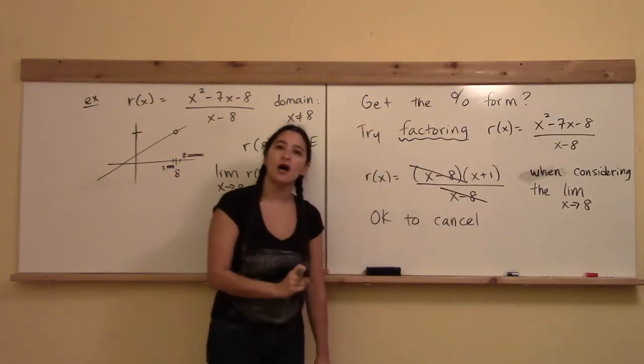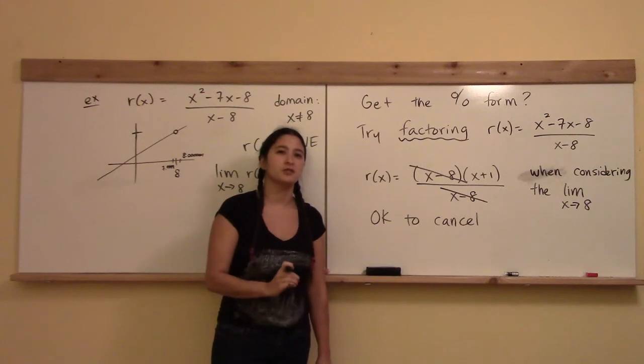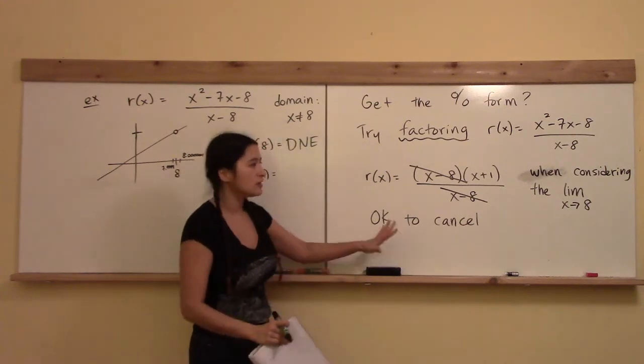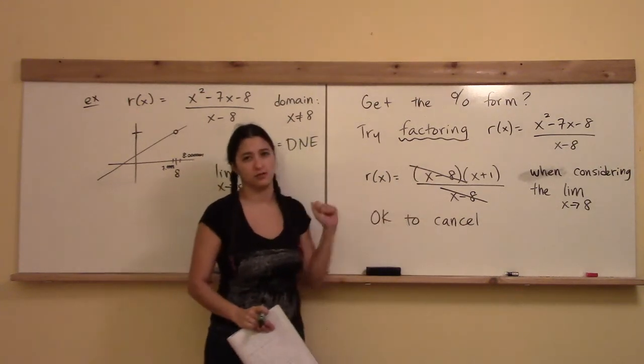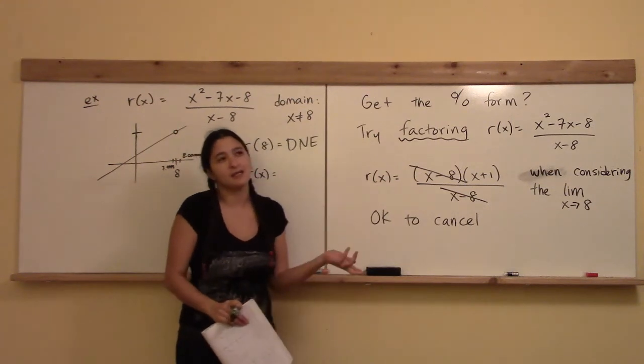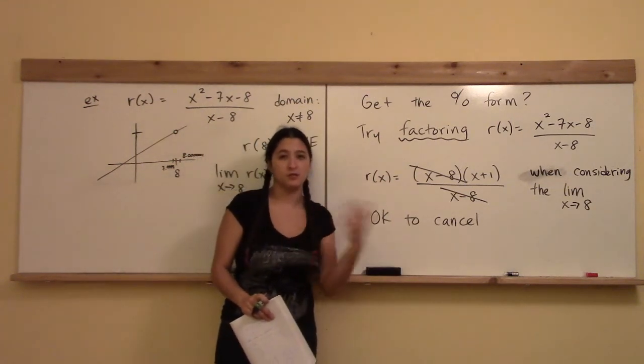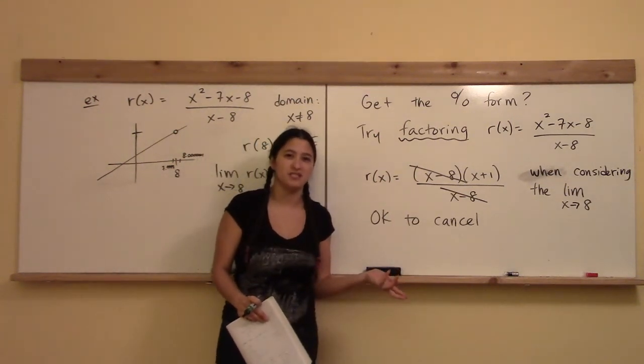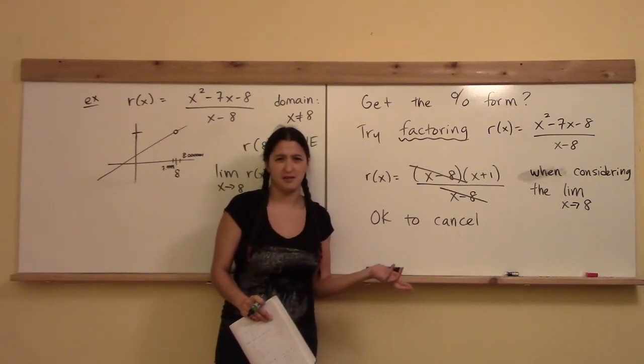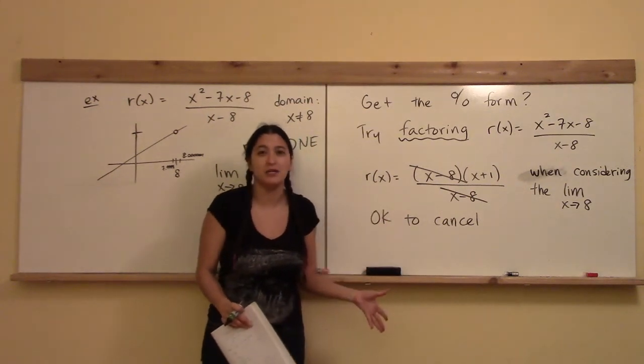I actually cannot do that when x is strictly equal to 8 because you're not allowed to cancel zeros with zeros. That's not allowed. It's like if you had an equation, something equals something else, and you multiply both sides by 0, you're not allowed to do that, because it just makes everything disappear.